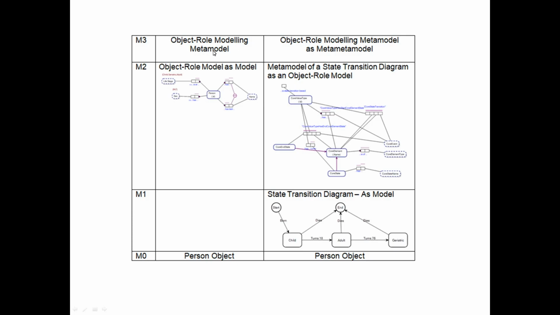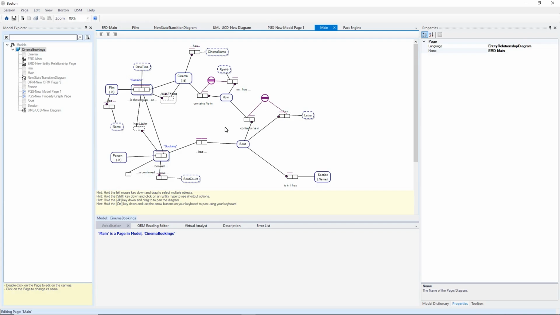We've got the database or the XML of a model as an M3 layer as a meta model, treating it that way in this instance, or we could draw it down here as M2 if we wanted to, our object role model, and then actual data. So this is stored in this model as a meta model.